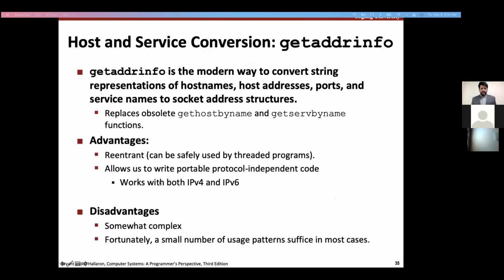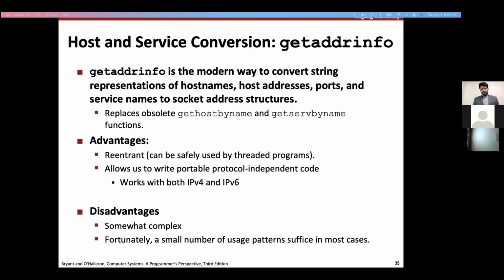The getaddrinfo function and the socket interface can seem somewhat daunting when you first learn about them. So getaddrinfo is the modern way to convert the string representations of host names, host addresses, ports, and service names to socket address structures. It actually replaced the obsolete methods that existed for very long previously, which are gethostbyname and getservbyname functions.